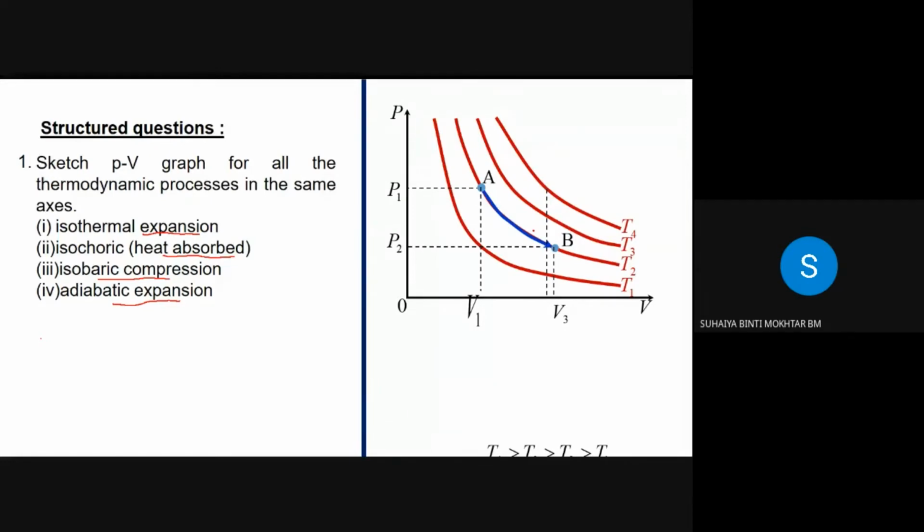So straight, vertical, right? So arrow, up or down? Up.